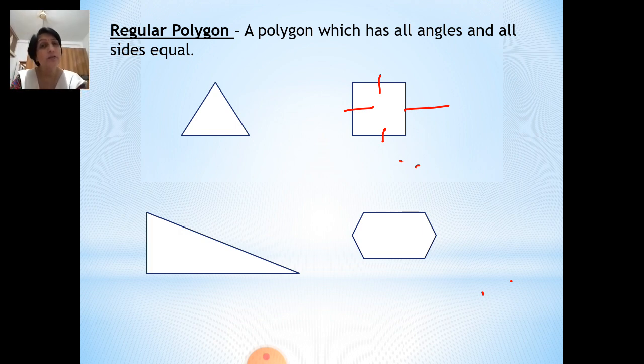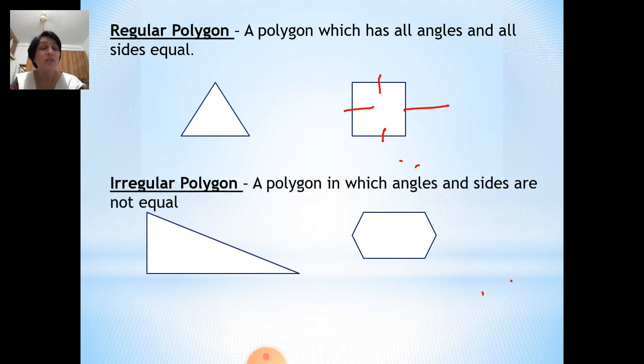The polygons which are having all sides and all angles equal are called regular polygons. And the polygons in which angles and sides are not equal are called irregular polygons.